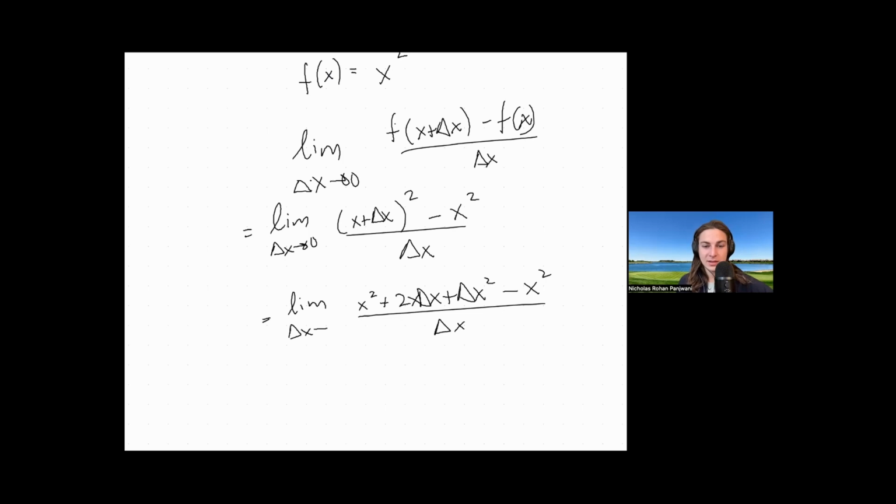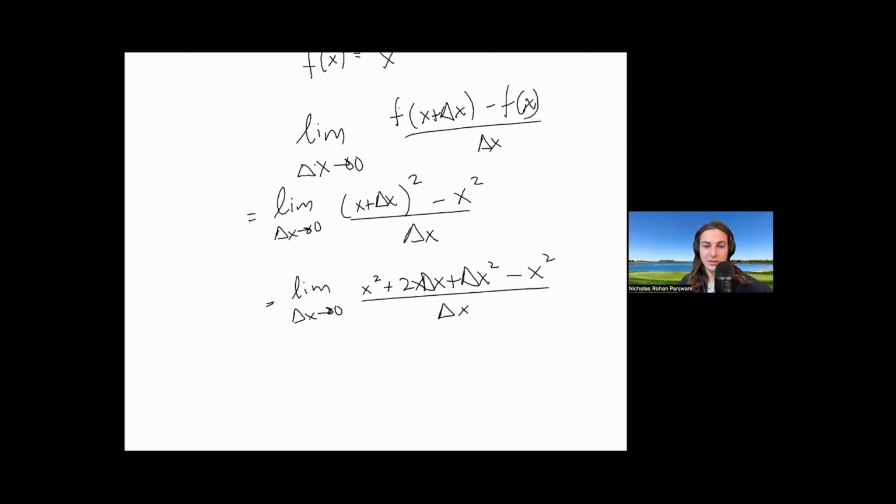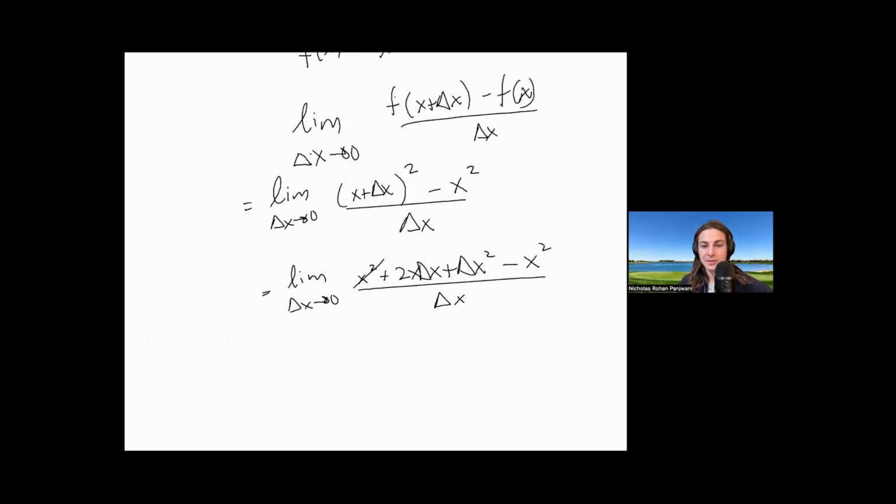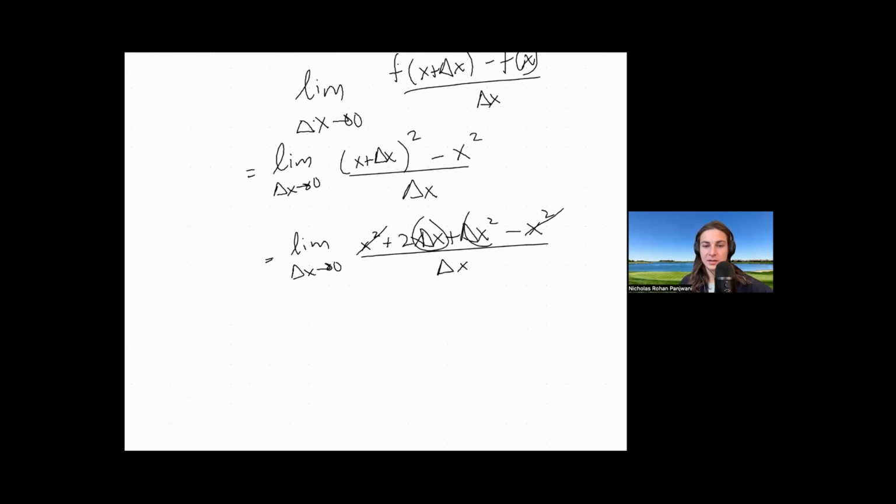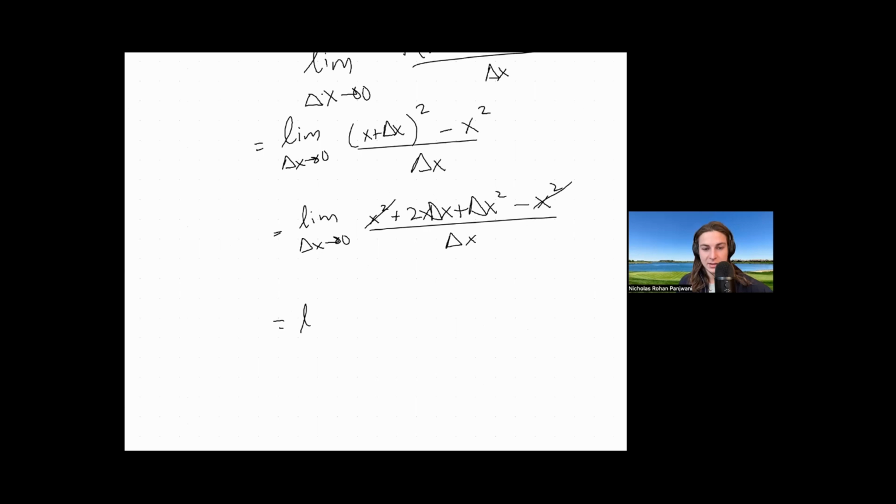So this x squared minus x squared cancel. Each of the top two terms has a delta x. So that's equal to the limit as delta x approaches 0 of delta x times 2x plus delta x, all over delta x. So that's where we can get these to cancel out.